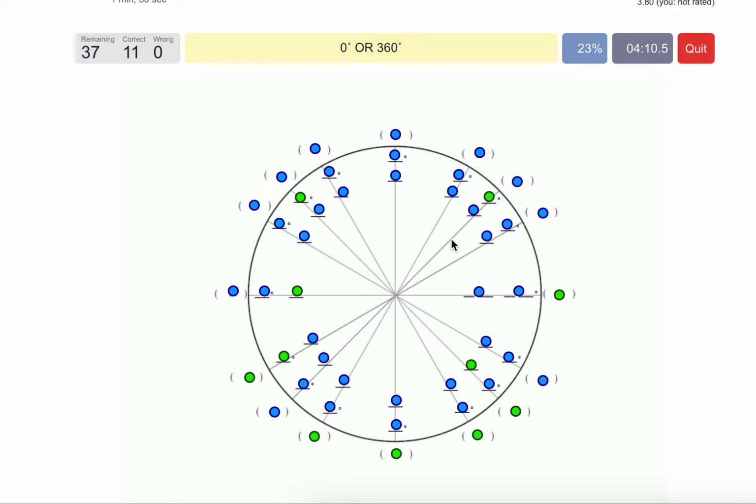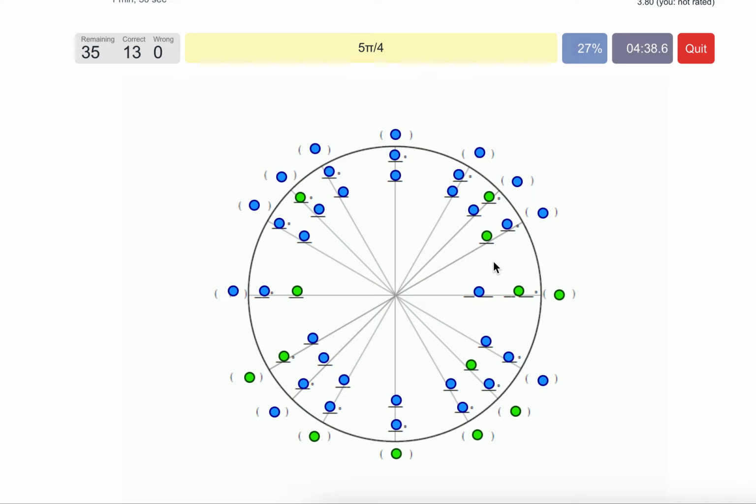So it goes 1, 2, 3, 4, 5, 6, 7. Okay, so this is 0 or 1 or 360. Pi over 6 is this one right here, because it goes 6, 4, 3.